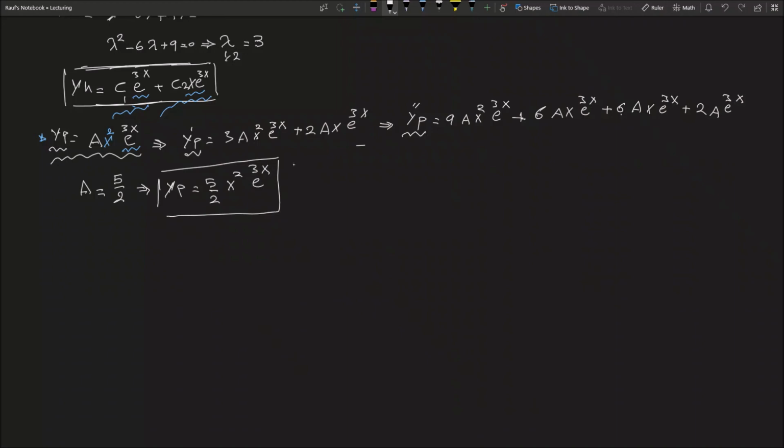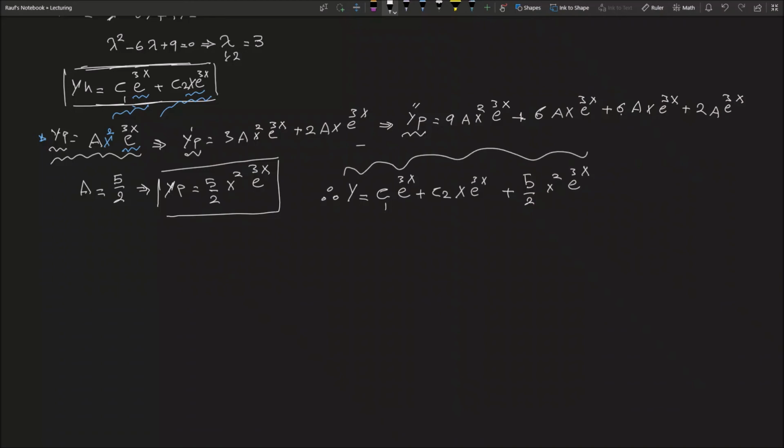So now we can confidently say the grand solution for this equation consists of y homogeneous plus y particular. Y homogeneous, as we can see, equals c1 multiplied by e to the power of 3x plus c2 x multiplied by e to the power of 3x, plus the y particular, which in this case is 5 over 2 multiplied by x squared multiplied by e to the power of 3x.